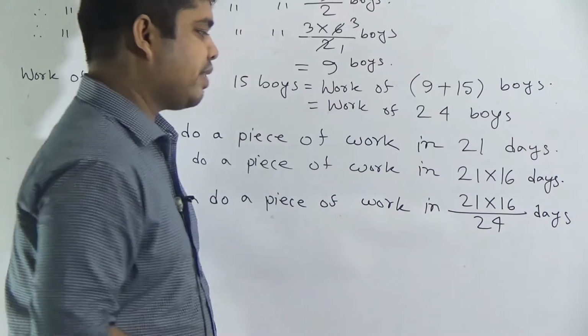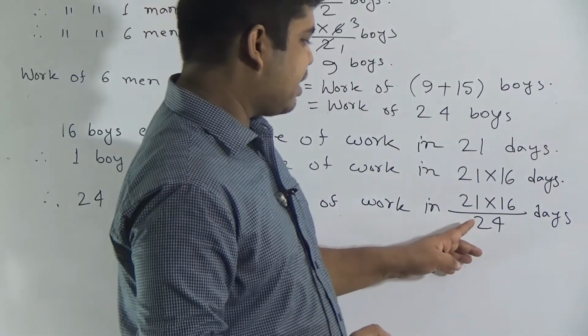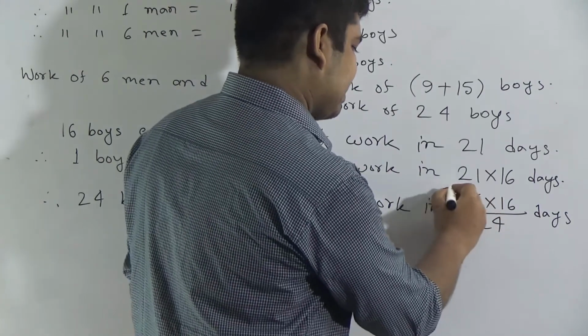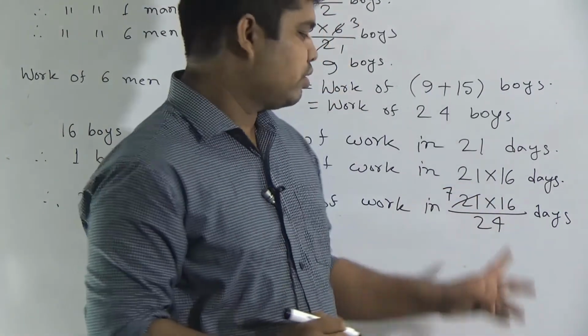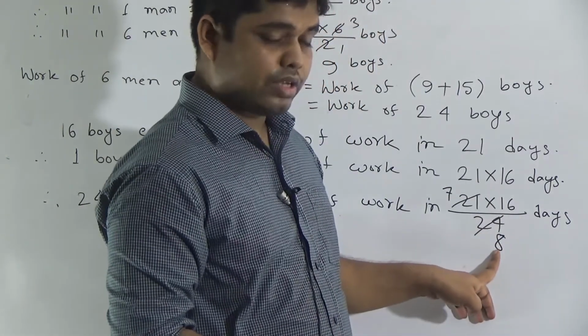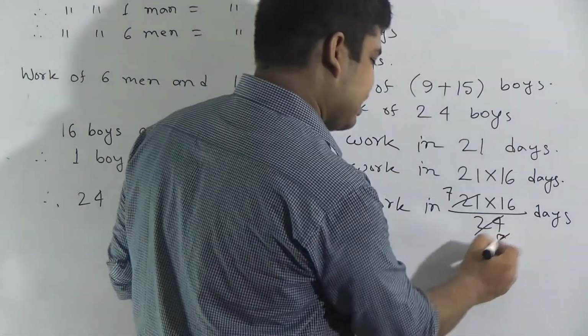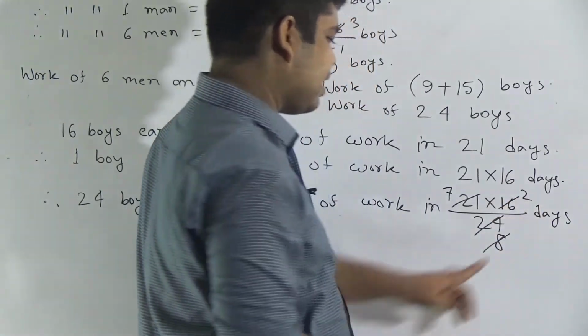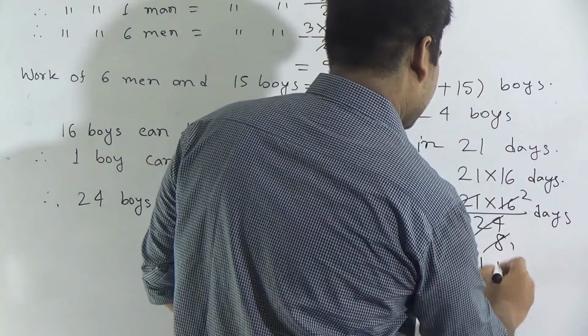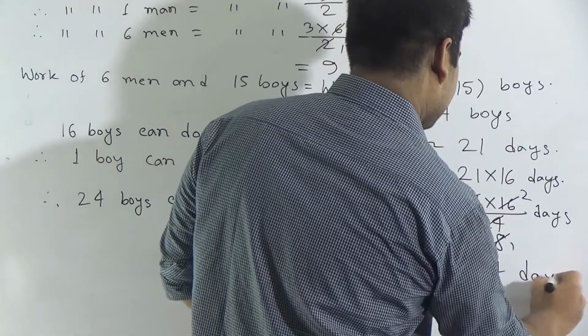Now dear students, we cut. Here we cut this number and this number. 3 7s are 21 and 3 8s are 24. After that 8 2s are 16 and 8 1s are 8. Now 7 2s are 14 days.